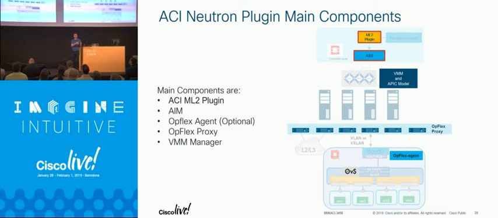So you can have the compute nodes running this OFlex agent or not. Then from an ACI standpoint, you've got 2 elements: the VMM manager running in the APIC controller, and then the OFlex proxy function, which is on the leaf switches, the top of rack switches of ACI.